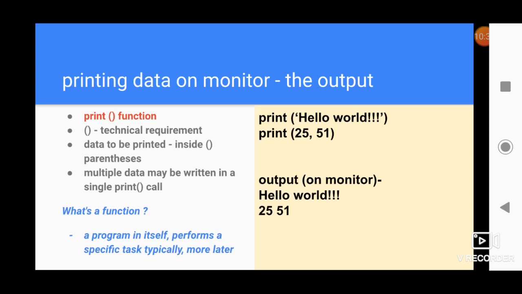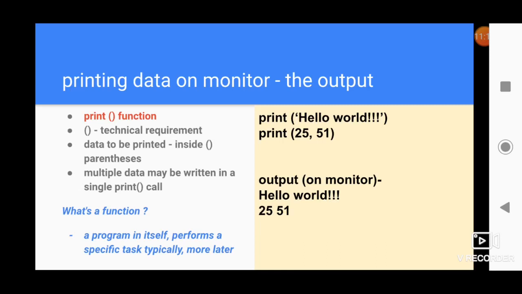Now another thing you should know about the print function is that you may provide more than one value to the print function for printing. As in the second example, we have written print inside parentheses 25 comma 51. So what this means is that we are asking the print function to print two values, 25 and 51, on the monitor. Now note carefully here the use of the comma.